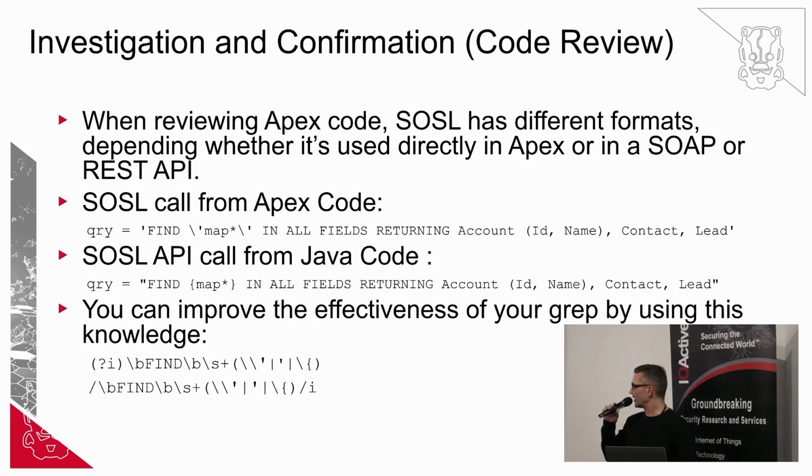I realise regexes are a bit of a dark art. That's my attempt at two types of regex to find that situation throughout any sort of code review that you're doing, which will search for FIND on a word boundary either side of FIND, one or more spaces, and then either the opening quotes or the curly braces.